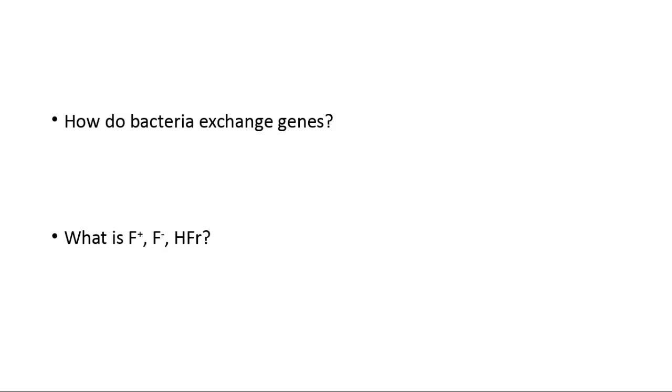When an HFR conjugates with an F minus cell, the F minus cell stays F minus because the HFR has an integrated plasmid. And so it still makes a pilus, but when a copy of DNA is sent over to the recipient cell, it's a copy of the bacterial chromosomal DNA.